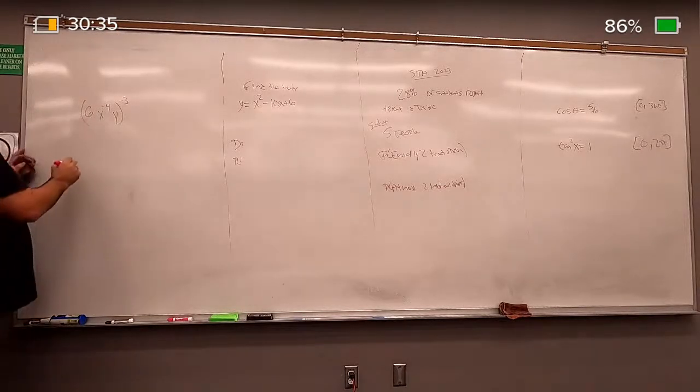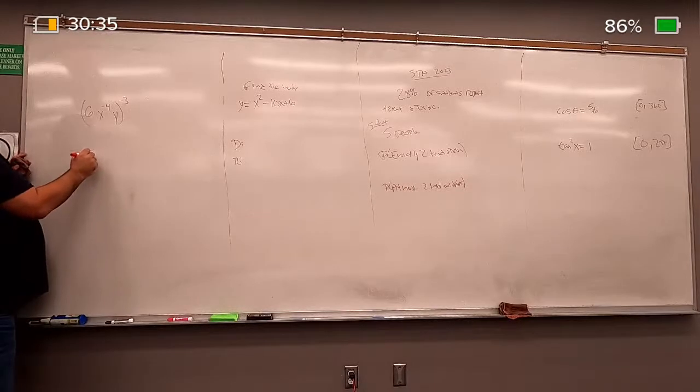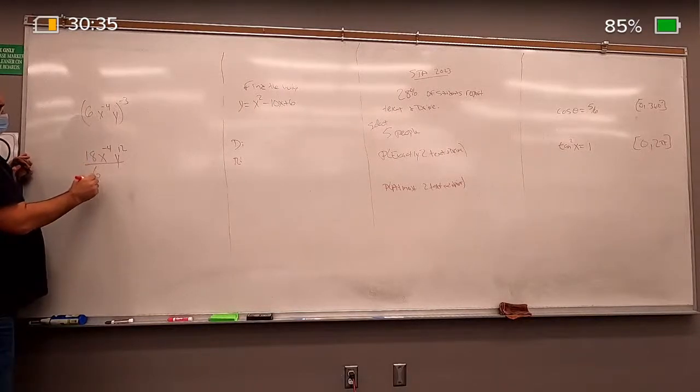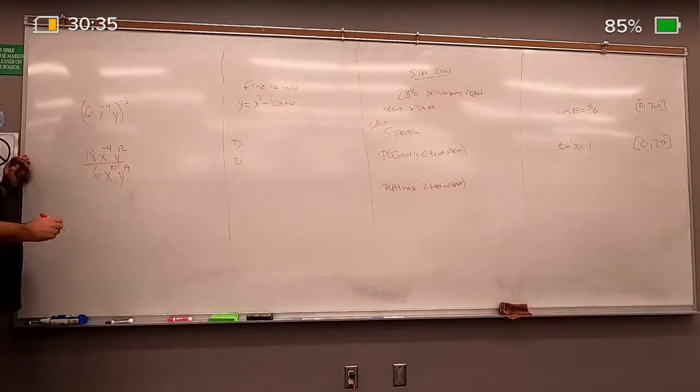Okay? And then 18 over x to the negative 4, y to the 12th, over 6x to the 10th, y to the 19th.